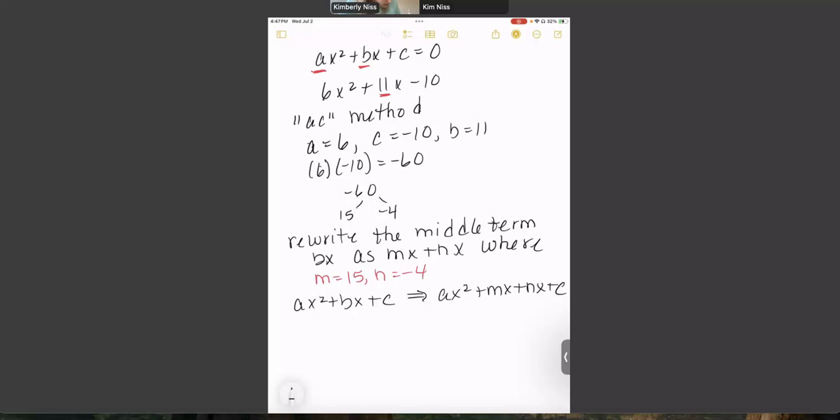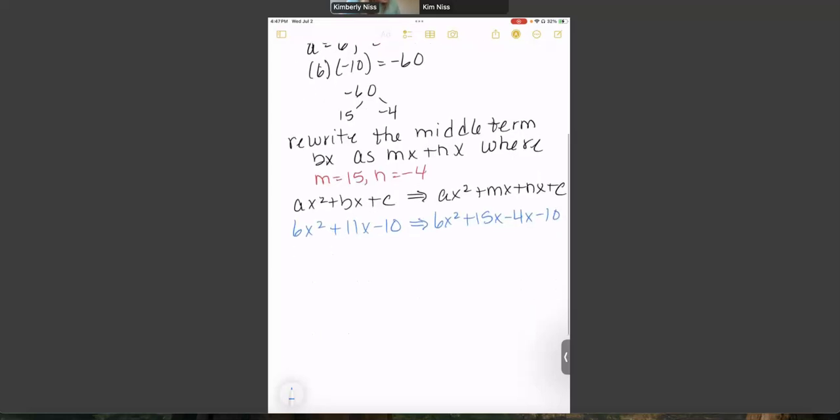So in this case, 6x squared plus 11x minus 10 will transform into 6x squared plus 15x minus 4x minus 10. So we've now transformed our equation.